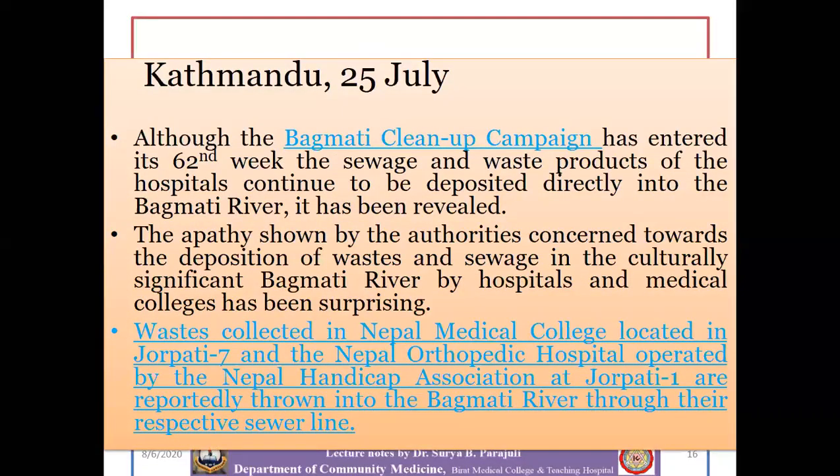In Kathmandu, there is a famous campaign, the Bagmati cleanup campaign. And what they found: the waste collected in Nepal Medical College Hospital, Jorpati, and Nepal Orthopedic Hospital, operated by the Nepal Handicap Association at Jorpati, is reportedly thrown into the Bagmati River through their respective sewer lines. So they connected their sewer line directly to the Bagmati River.